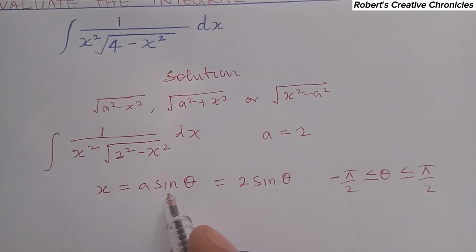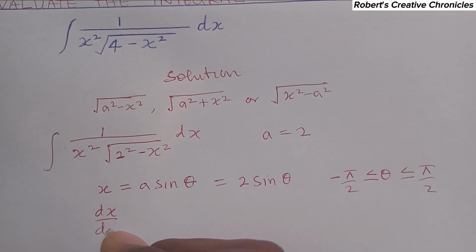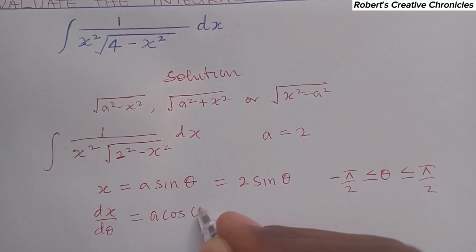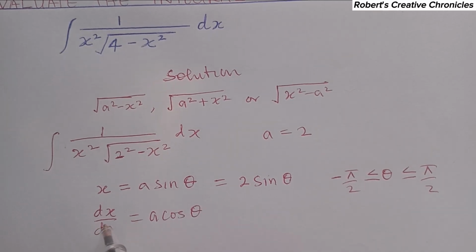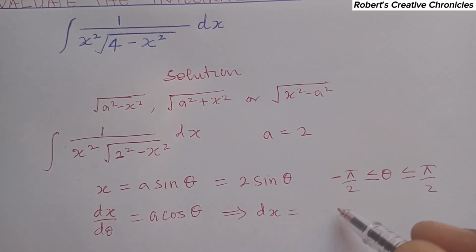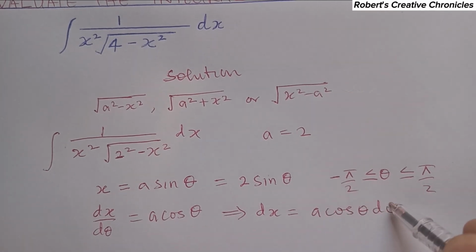But first we'll find the derivative of x with respect to theta. dx d theta is equal to a cos theta. So we make dx the subject of the formula: dx is equal to a cos theta d theta.